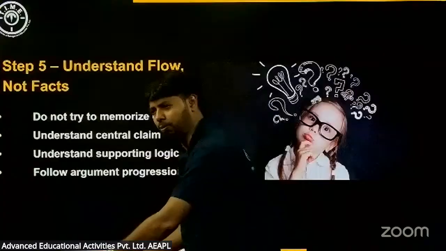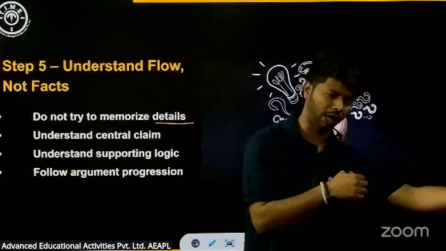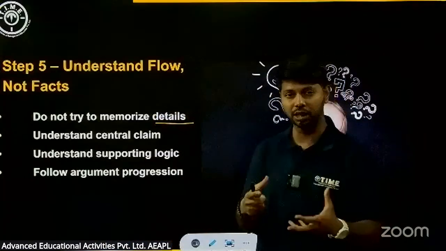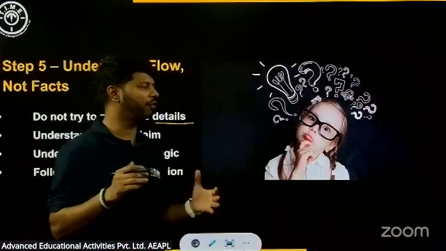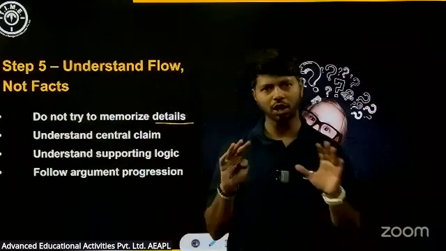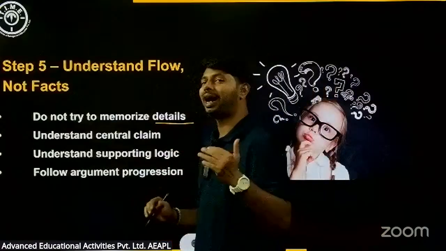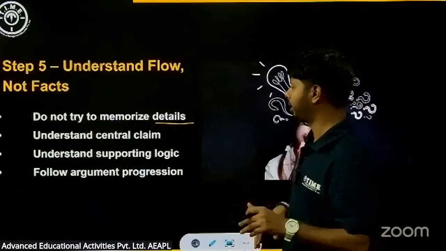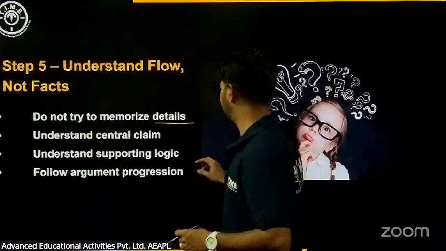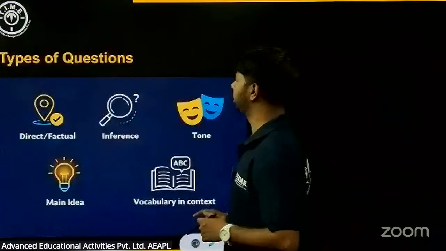For that, this is the supporting logic that was given. For the argument, this is the example that was used to build it. This is something that was used for context. There are different parts to an RC, and identifying these different parts helps you a lot in understanding the finer details.